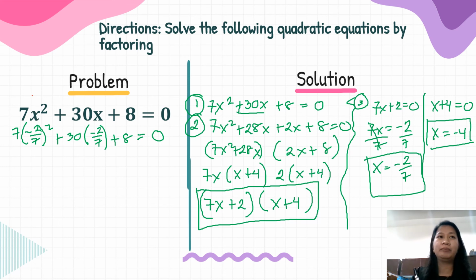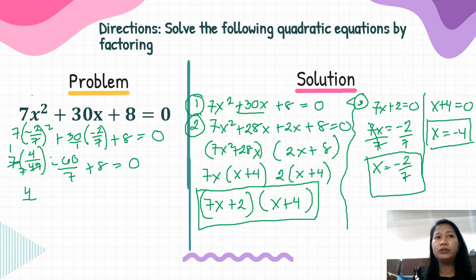Let's simplify. 7, and then this will become positive 4 over 49 plus, no, not plus, minus, that's negative 60 over 7 plus 8 equals 0. And pwedeng i-cancel. It will become 1. This one is 7.